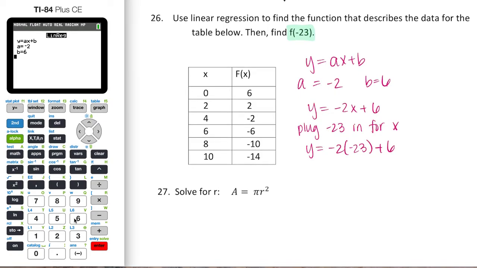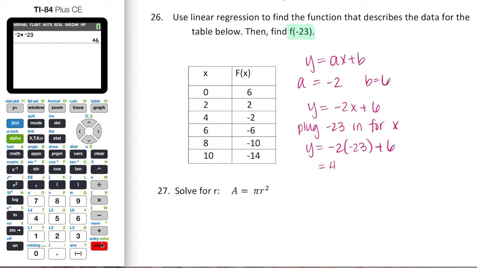So y equals -2 times -23. We're going to get 46 plus 6. So y equals 52. Remember, stat, edit, stat, calc, 4.